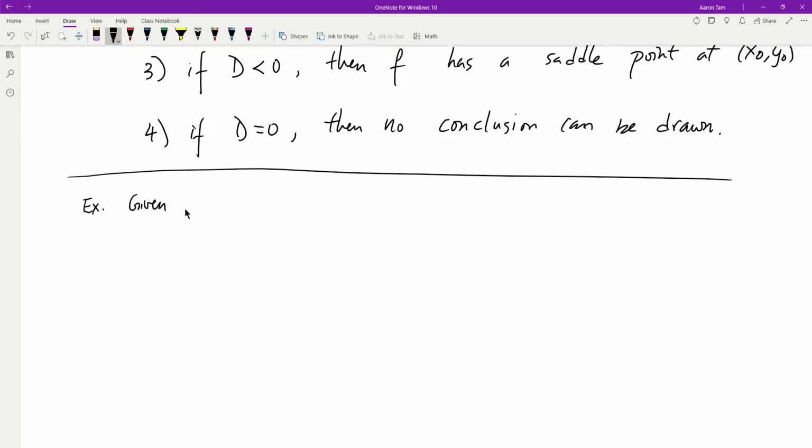Let's say we're given f of x, y equal to 1 over x plus xy plus 8 over y.